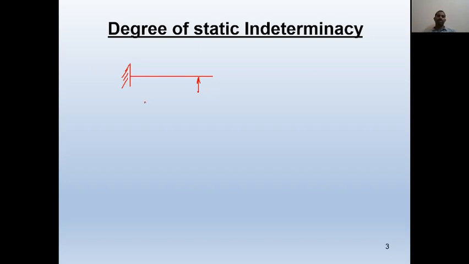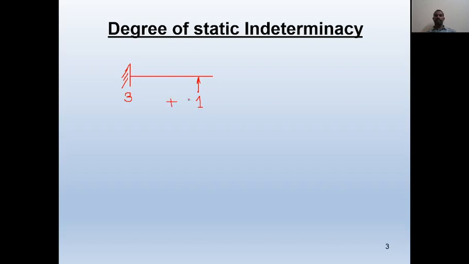So let us see whether a propped cantilever is a statically determinate or indeterminate beam. Right? One of the supports is a fixed support, and we know for the fixed support we will have three unknowns, and the other is a roller, and hence you have one unknown reaction.